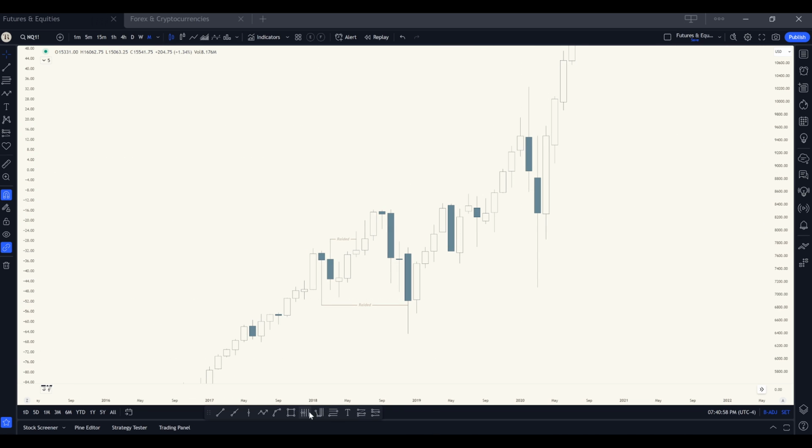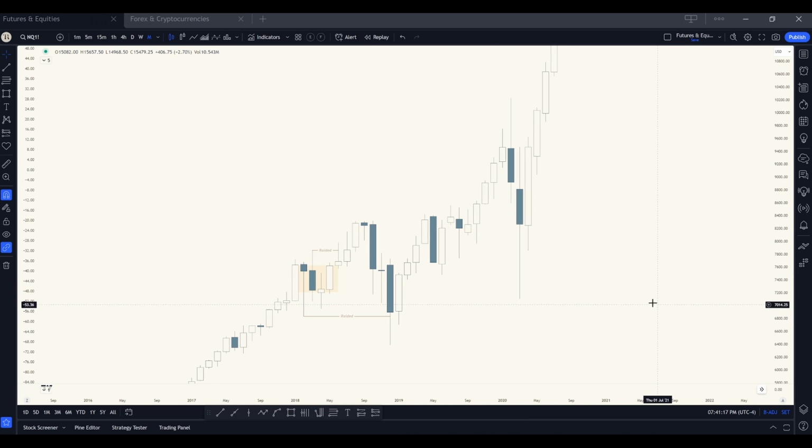Very tight range. So what I'm going to do is grab this and have an initial condition thing right here. It's this little box right here, right? This would be what we could call the initial consolidation. Right.